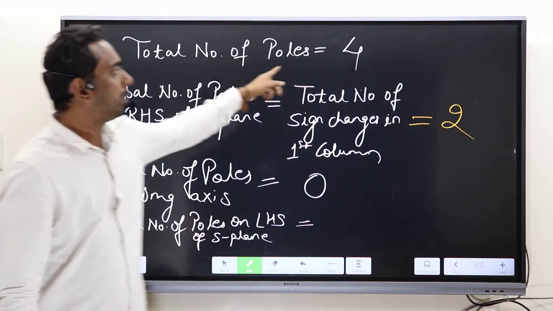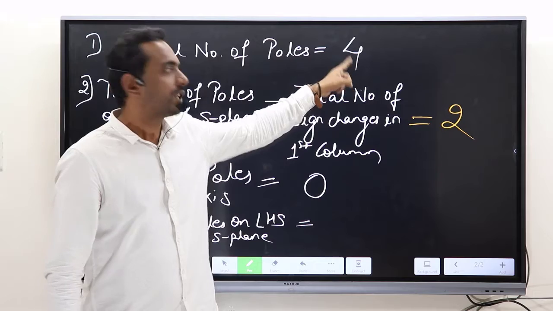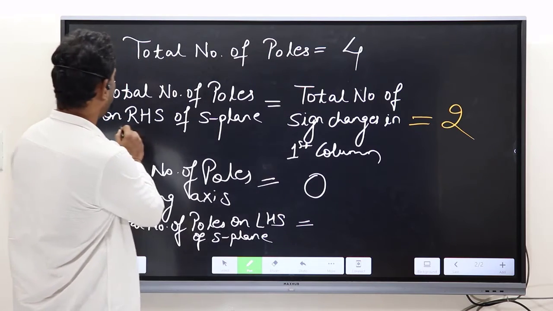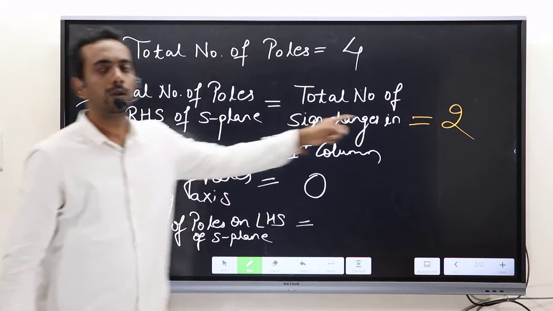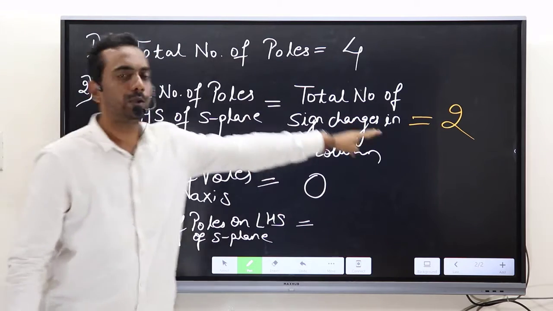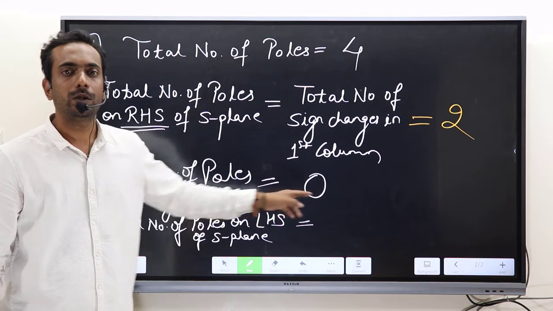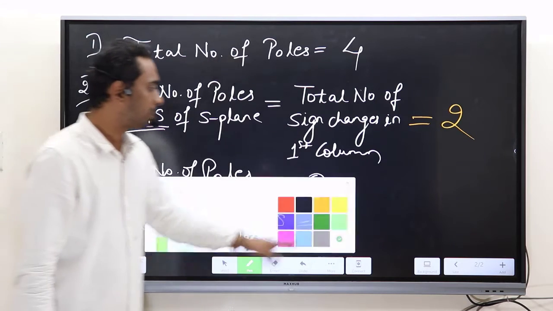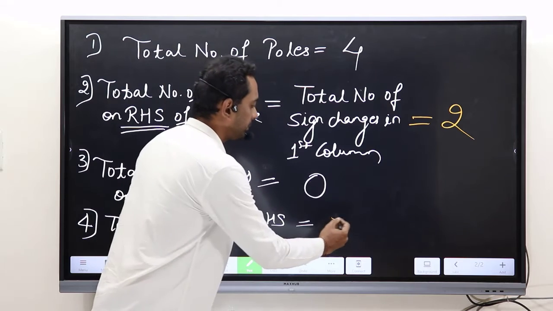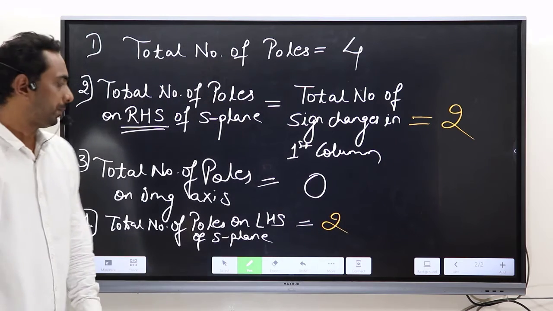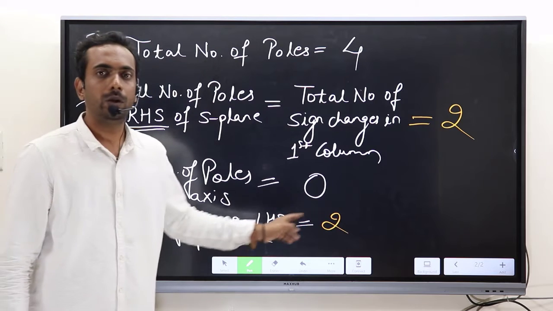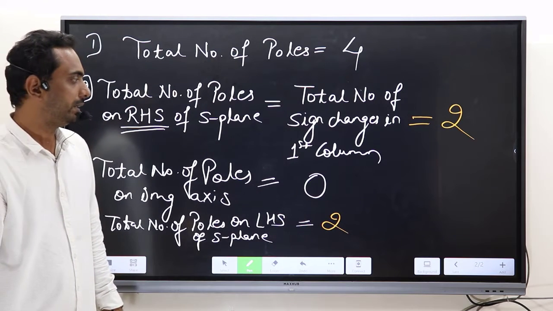Now total number of poles कितने हैं? 4 है. 4 में से 2 तो कौन सी साइड पे है? 2 poles are on the right hand side. 4 में से 2 गए. There are no poles on imaginary axis. बचे कितने? 2 poles. So that 2 poles should be on left hand side of S plane.